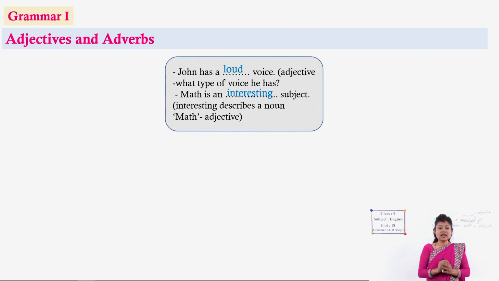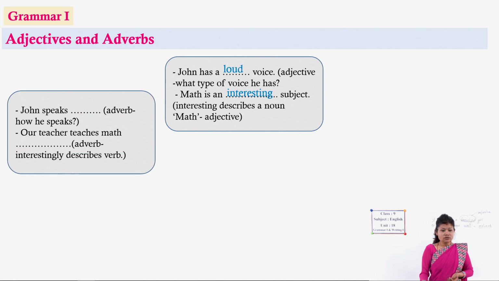So that is an adjective, it modifies a noun. Let us look at another example. John speaks ... Can you complete this sentence? How does he speak? Maybe loudly. John speaks loudly. Here the word loudly modifies the verb. The way John speaks is loudly. So it is an adverb.